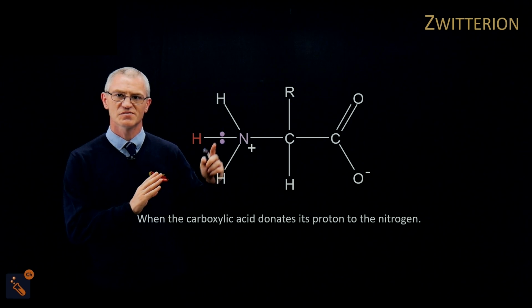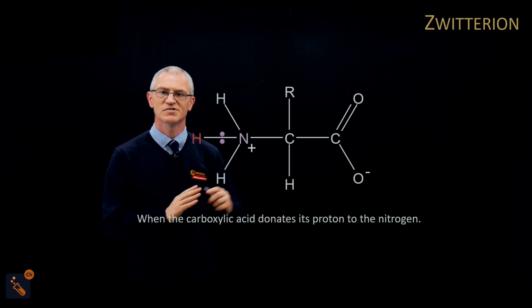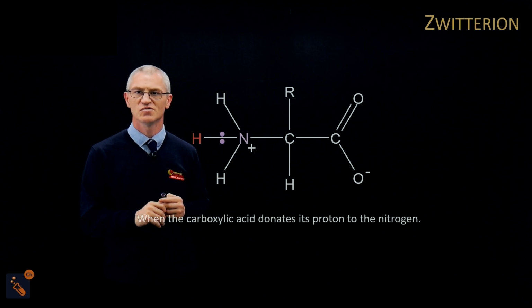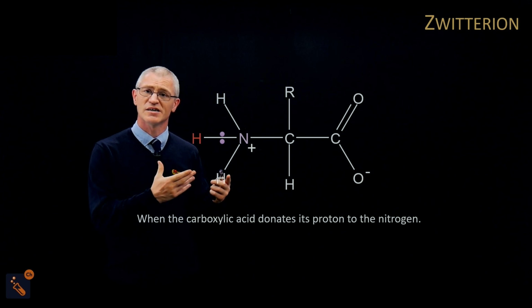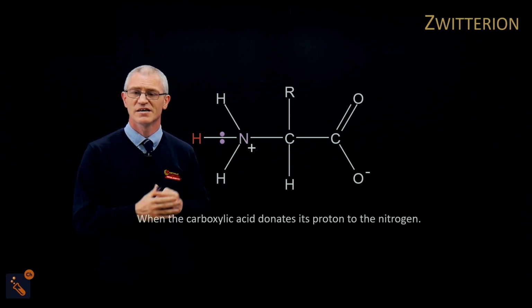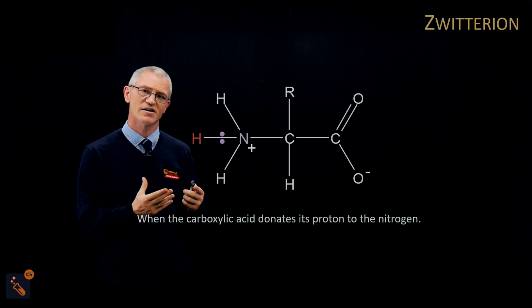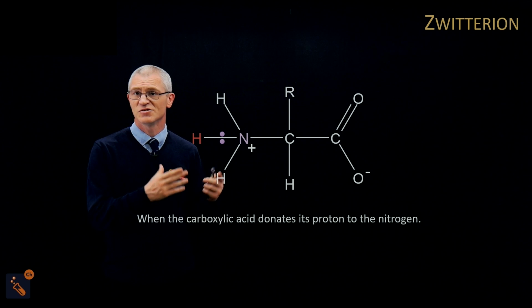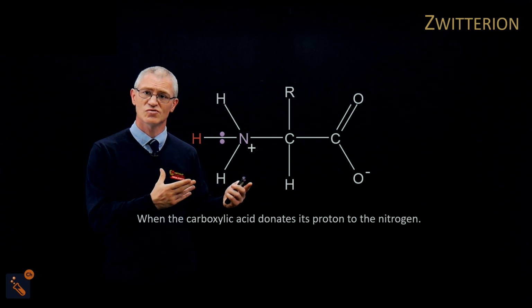So there you go. You've got that positive charge here. You've got the negative charge there because it's lost its proton. You've got the positive charge here because the nitrogen has too many protons and too many bonds. Okay, and overall this is still neutral. And that is a zwitterion. And alpha amino acids and all amino acids are able to do this. And you may be asked at some point to draw this.